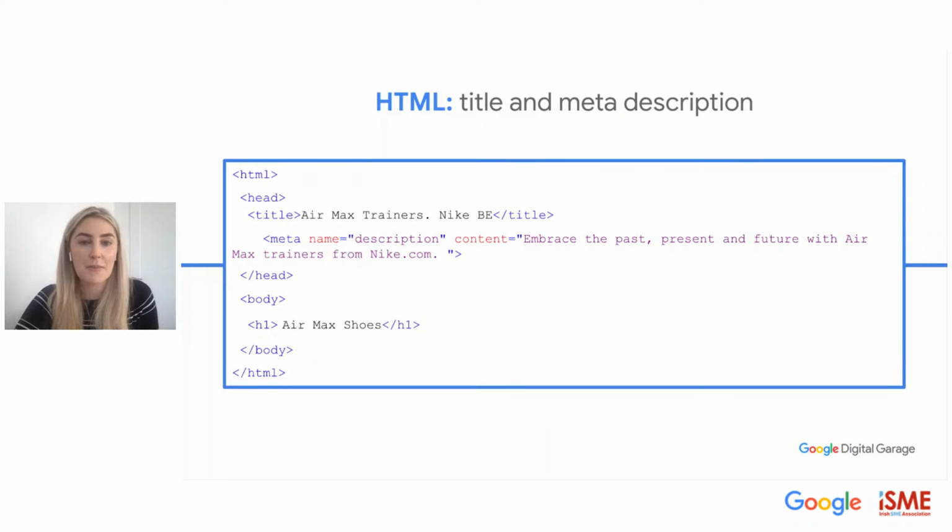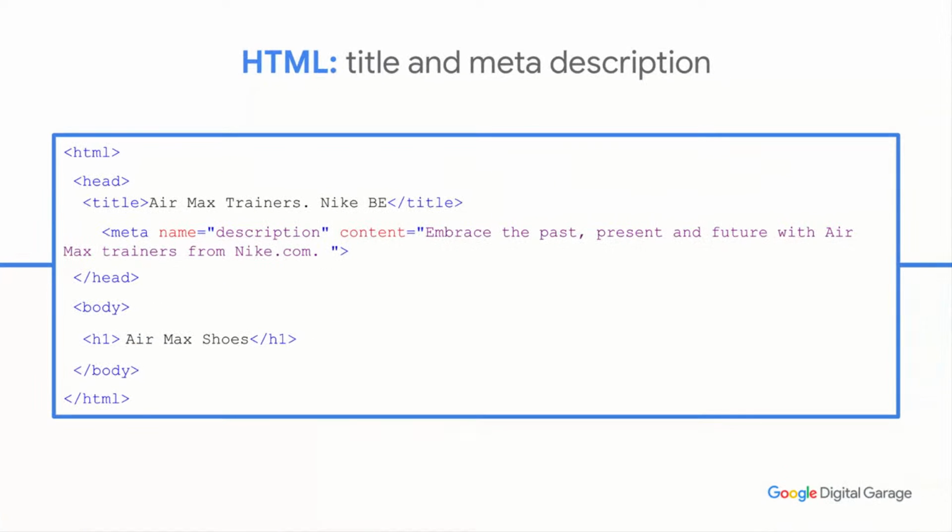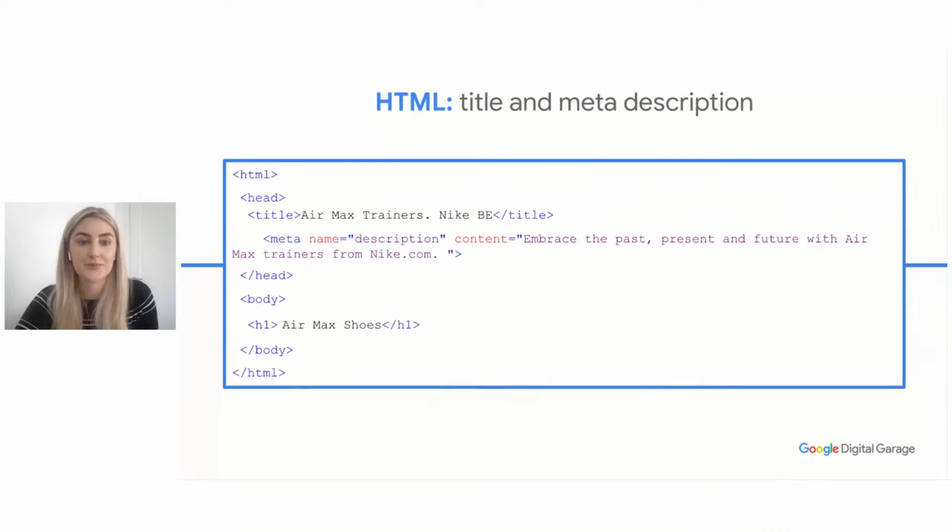So page titles and meta descriptions are two separate pieces of HTML code that should be found on every page of the internet. Like a book, they tell you the title of the page and the summary of that page. These are then used by search engines like Google to create an easy to read link to a website from their index.